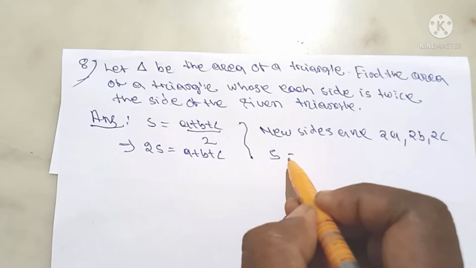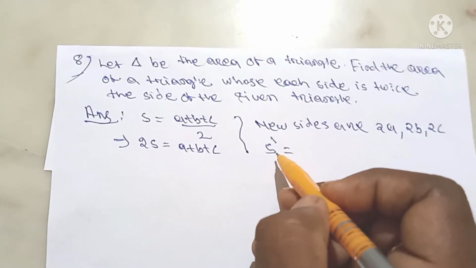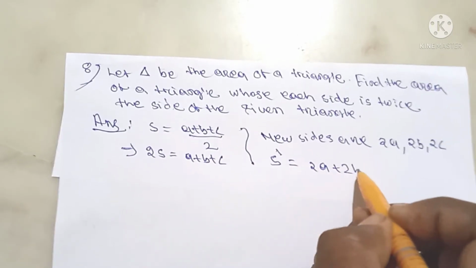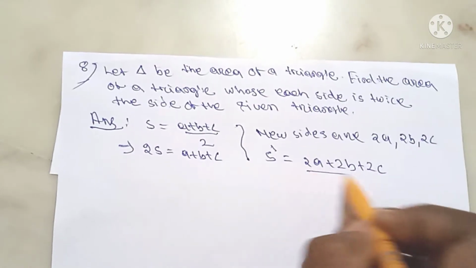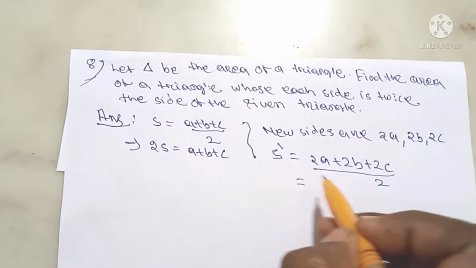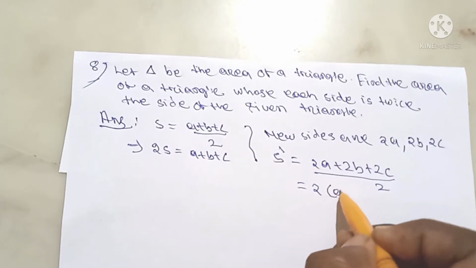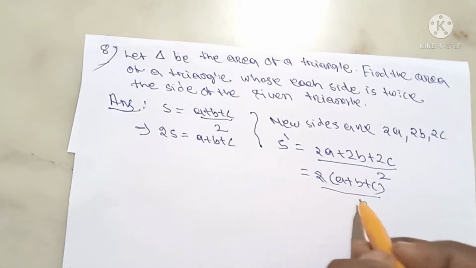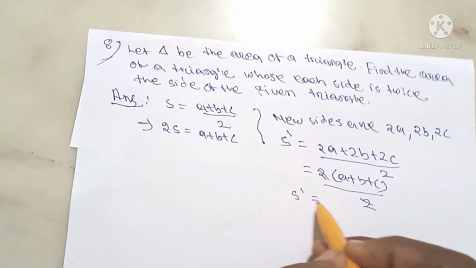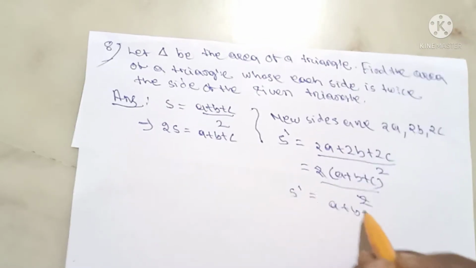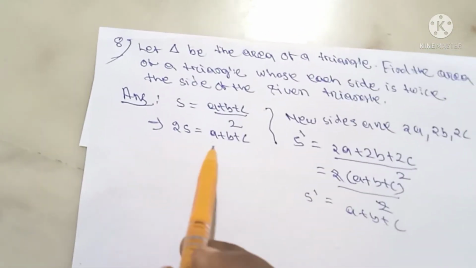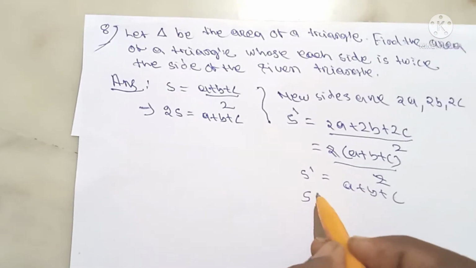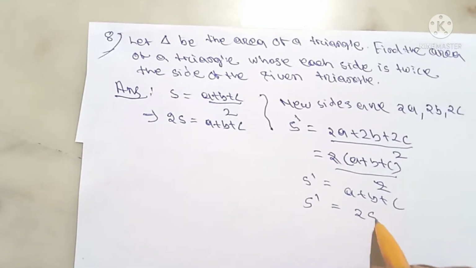So, semi-perimeter S dash of the new triangle is equal to 2A plus 2B plus 2C by 2, equal to, take 2 common, then A plus B plus C by 2. 2 cancel. So S dash is equal to A plus B plus C. But in the first value, A plus B plus C equal to 2S. So implies that S dash equal to 2S.